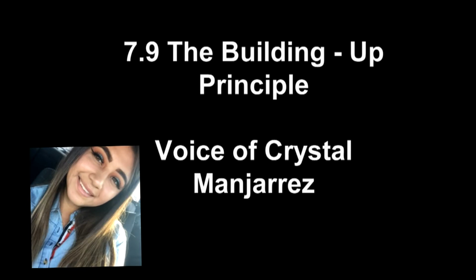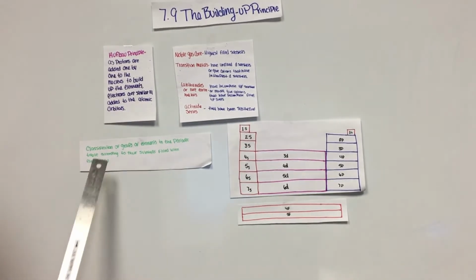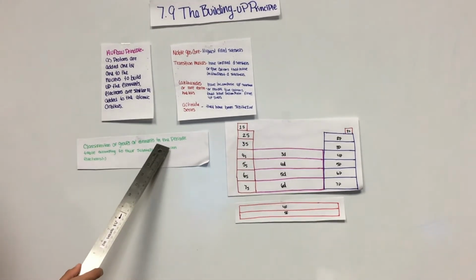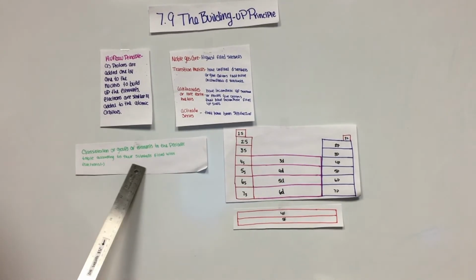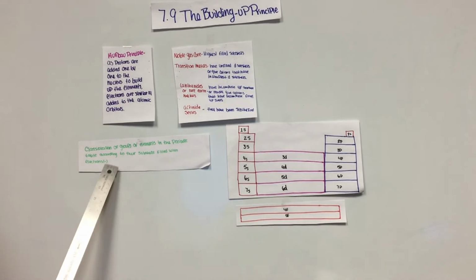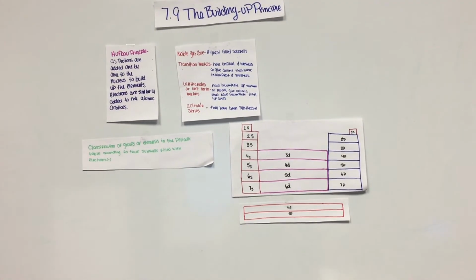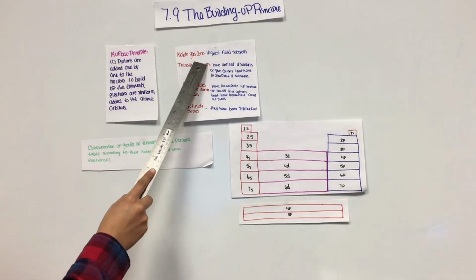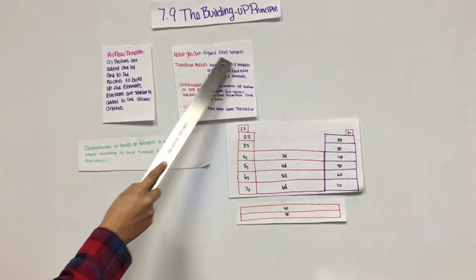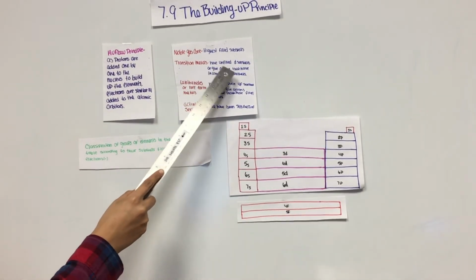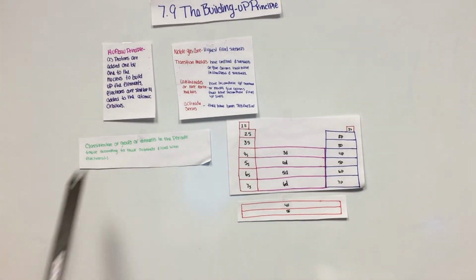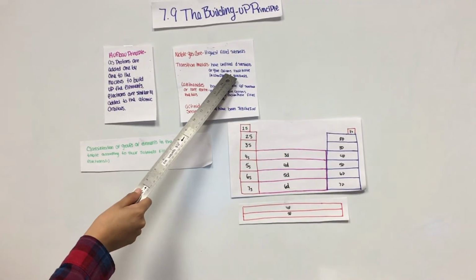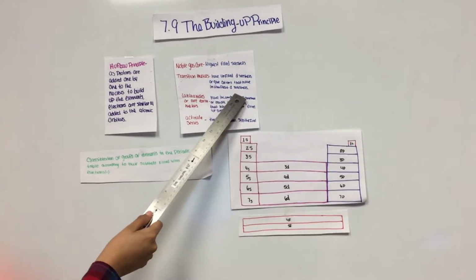Section 7.9 is the building-up principle. This is the classification of groups of elements in the periodic table according to their subshells filled with electrons, which have the negative charge. The noble gas core is the highest filled subshell. The transition metals have unfilled d subshells or can give cations that have incomplete d subshells.